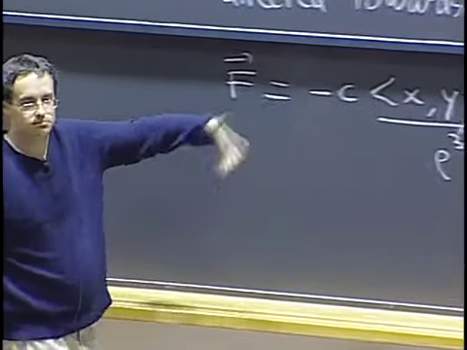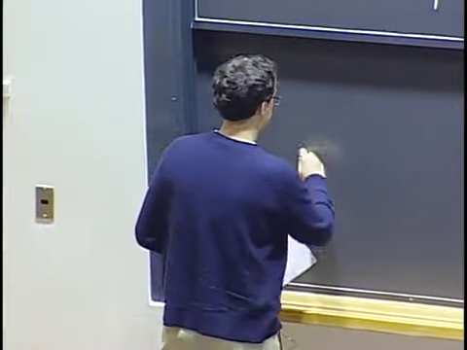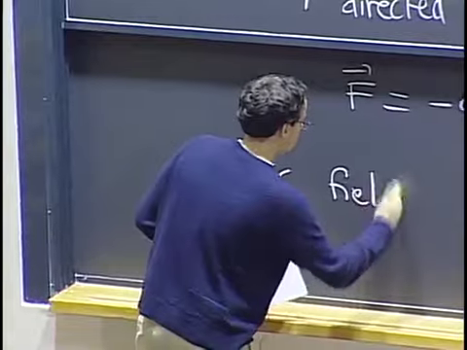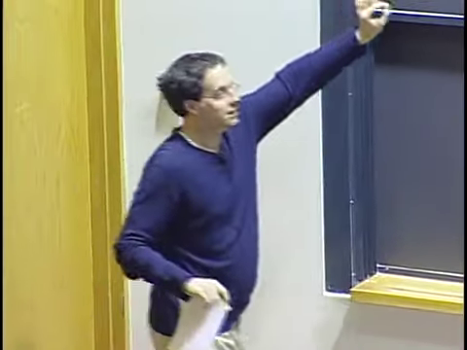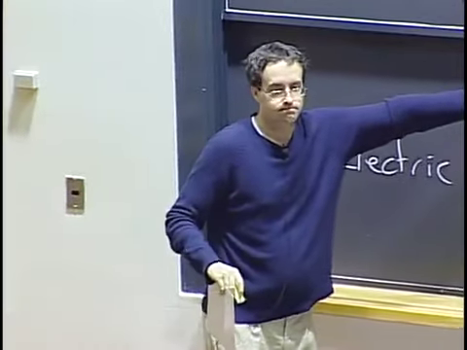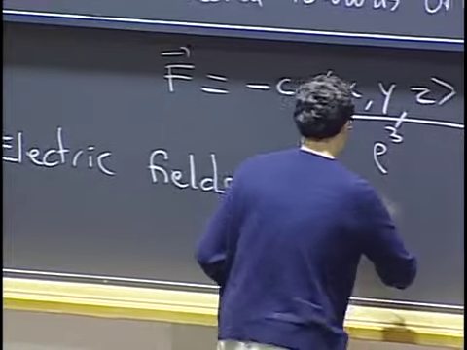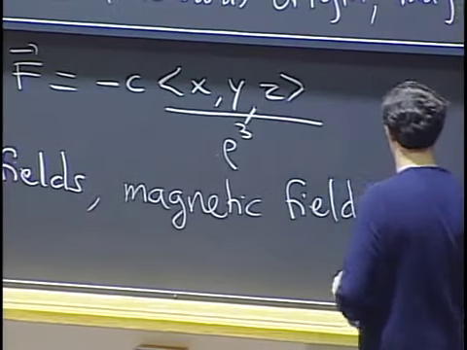Okay, so that would be an example of a vector field that comes up in physics. Other examples would be electric fields. Actually, the electric field generated by a charged particle at the origin is given by exactly the same kind of formula. And there are magnetic fields, and so on.